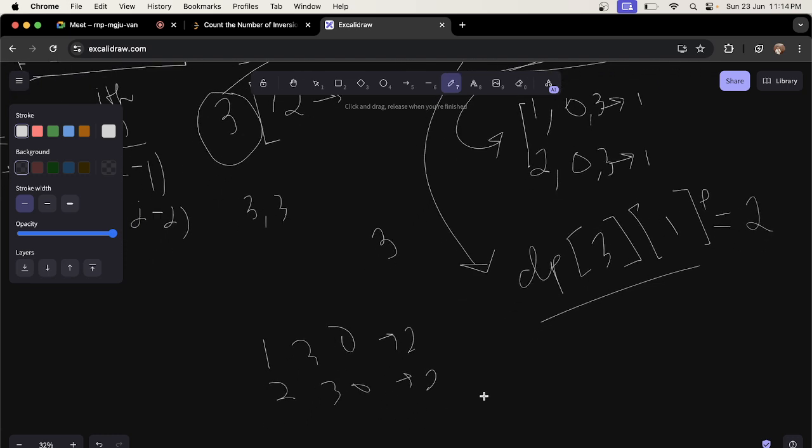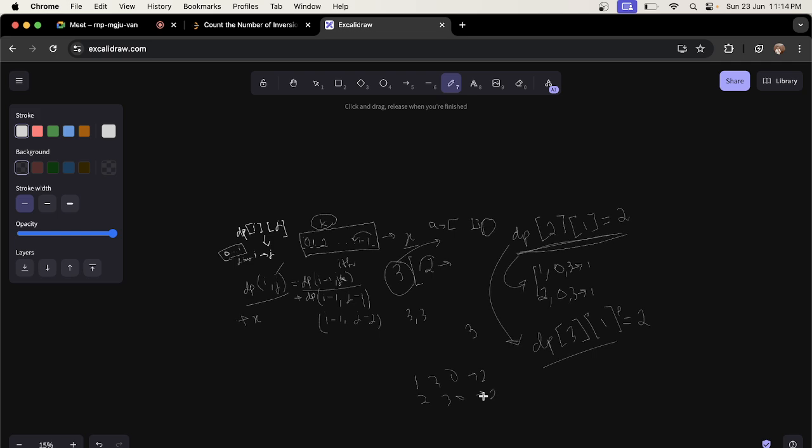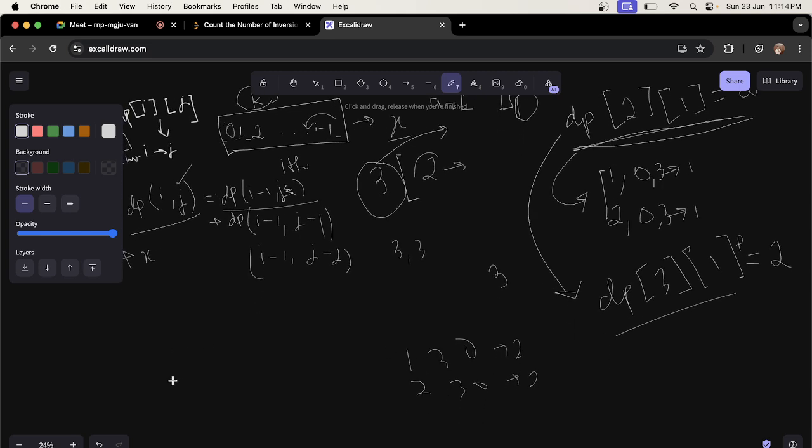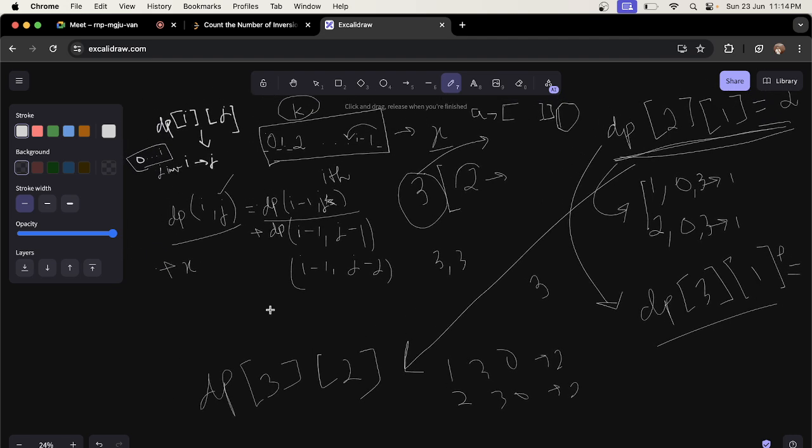So we will now be adding dp 2 comma 1 to dp 3 comma 2 as well, because we can put 3 in the middle as well. So that's the relation I was trying to make.